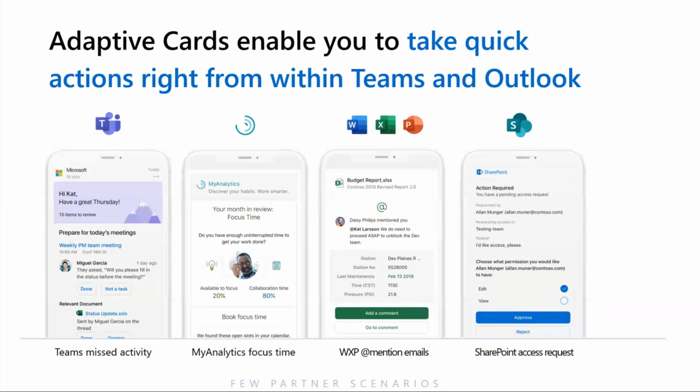In addition to that, some of our biggest partners such as My Analytics and SharePoint use adaptive cards to enable you to book focus time or give access requests from within email or chat. Again, all of these enable you to take quick actions without ever having to leave your canvas of choice and thereby safeguarding your productivity.